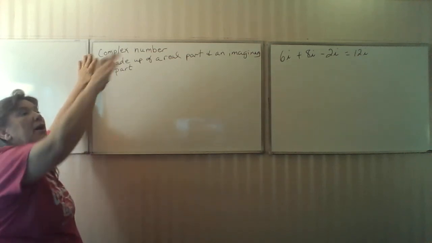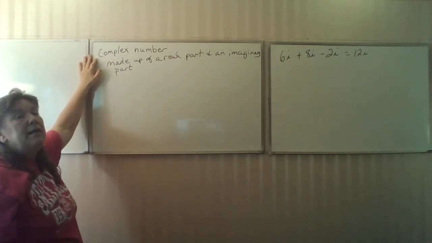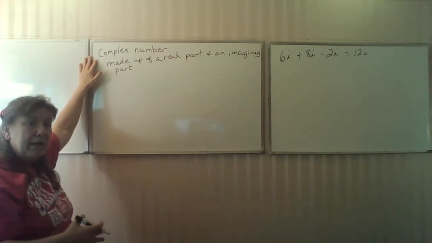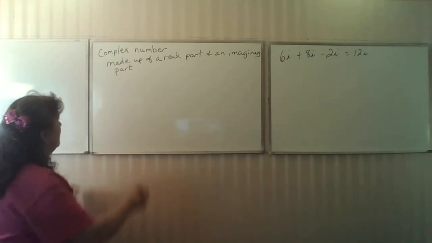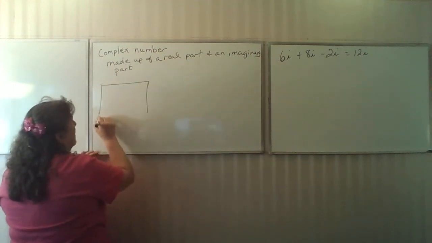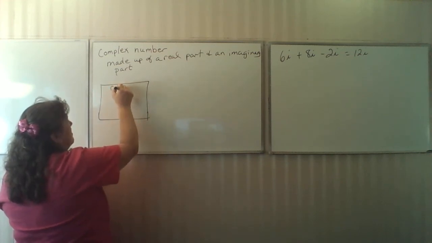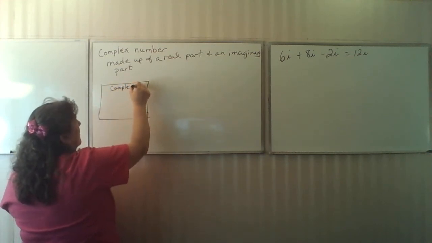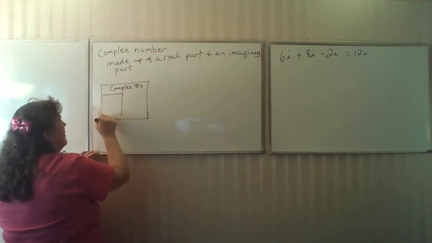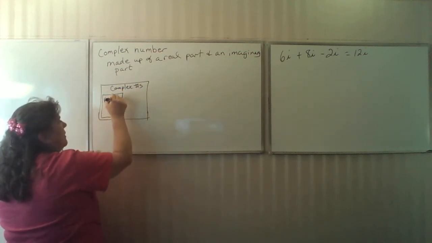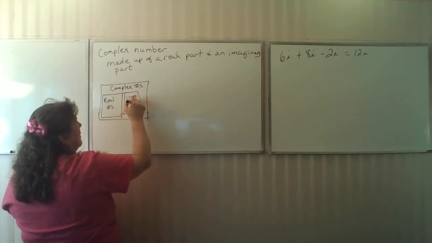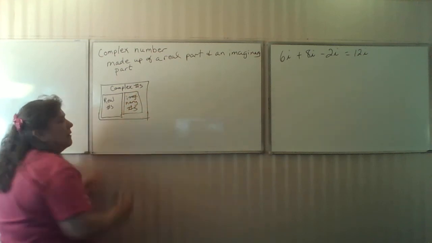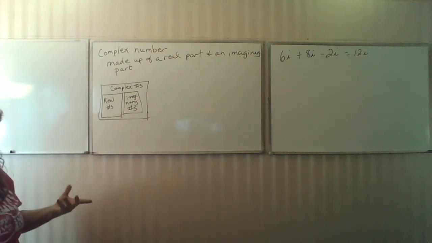Well, this is the other side of it, and in fact, it is a larger number system than the real numbers, because the real numbers are inside the complex numbers. So if I were to draw a picture of this, it would be like this. Complex numbers are made up of real numbers, which you've already studied, and imaginary numbers. Complex numbers contain both of them.